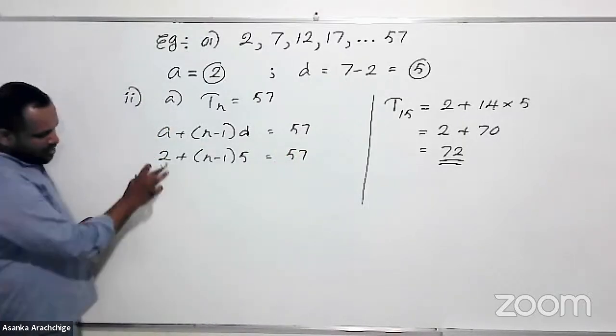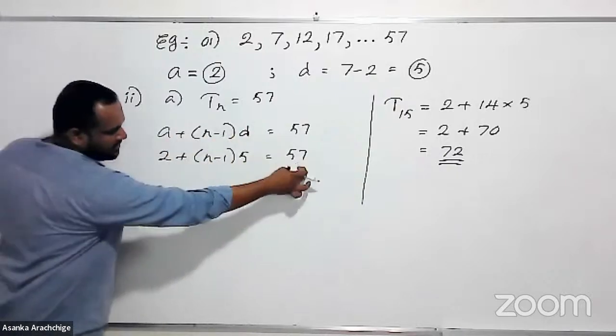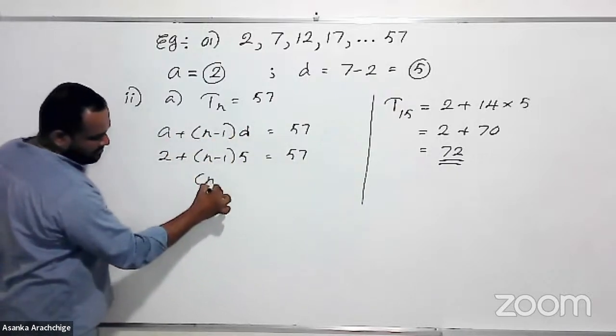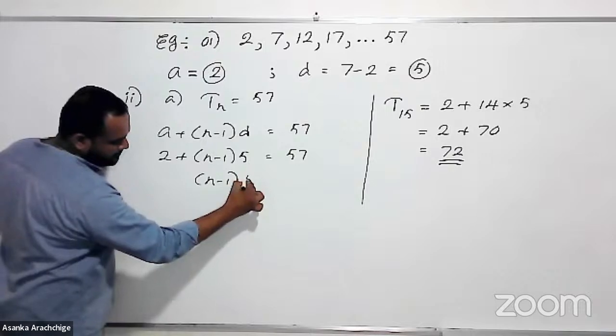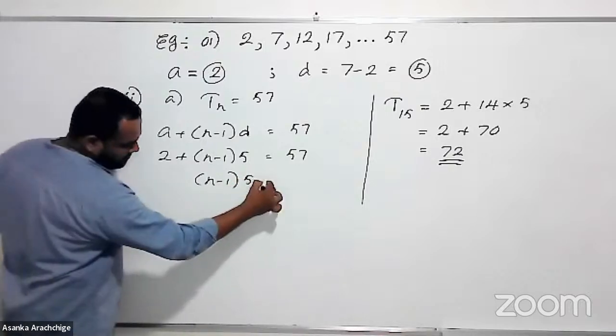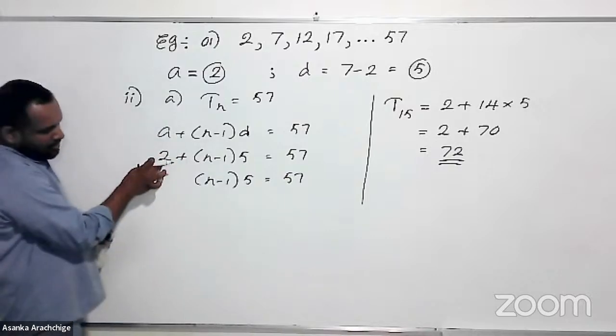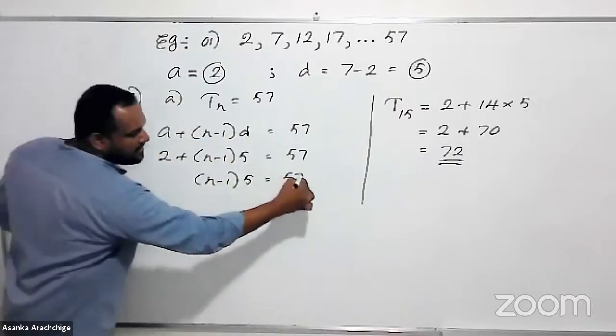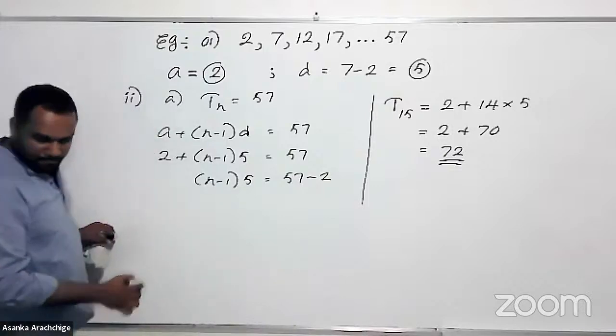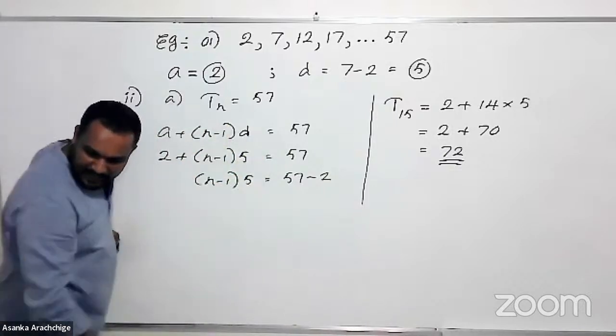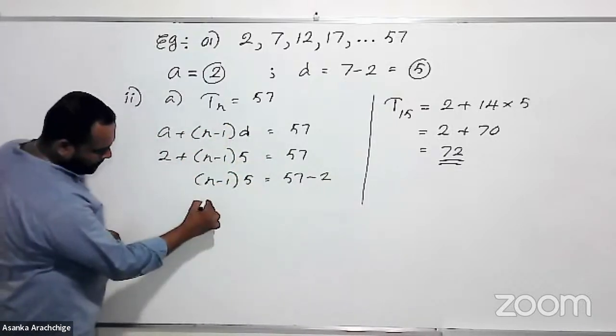Now you can take this 2 to the other side, then n minus 1 times 5 equals 57. Tell me, how is this taken to the other side? As minus 2. Plus 2 taken to the other side as minus 2.